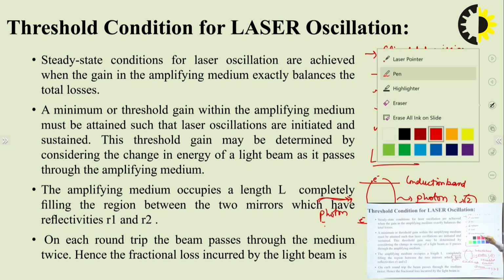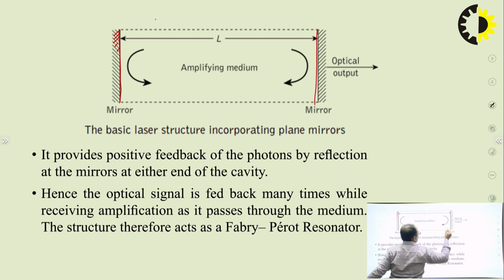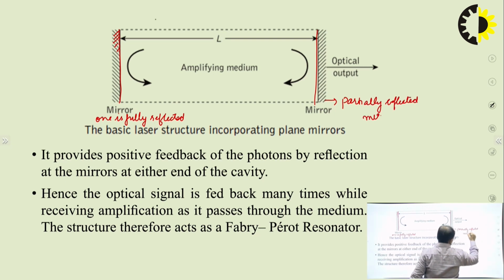So to have amplification in the laser, we place a mirror on both sides. One is a fully reflecting mirror, and the other is a partially reflecting mirror. Clear?